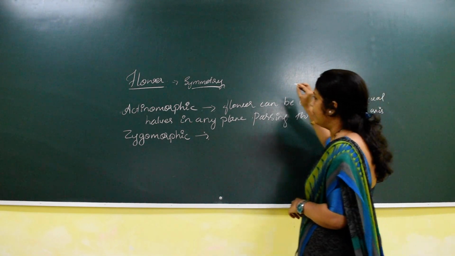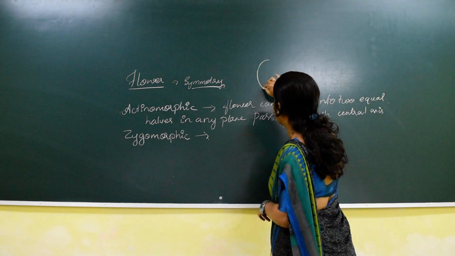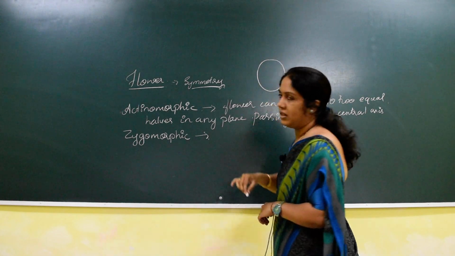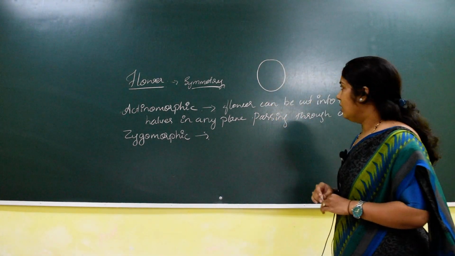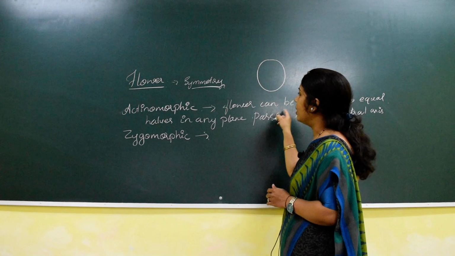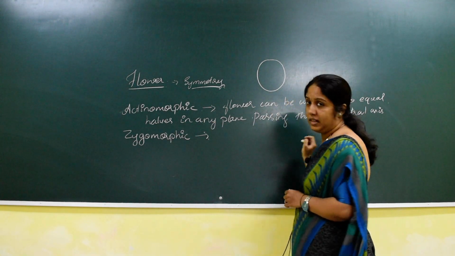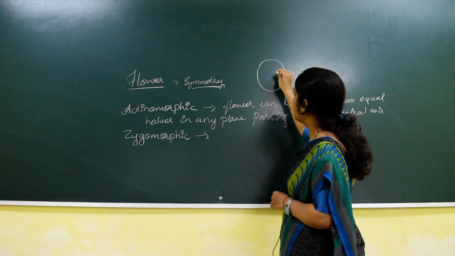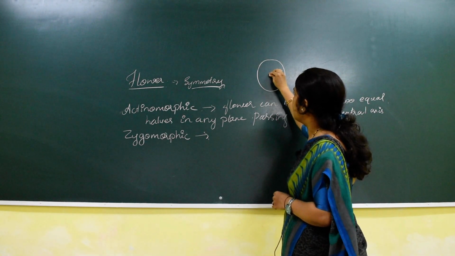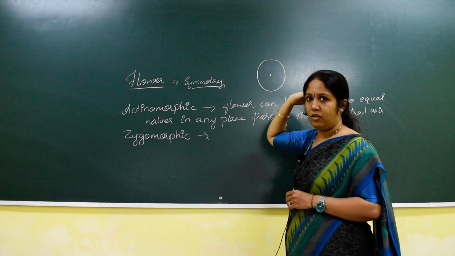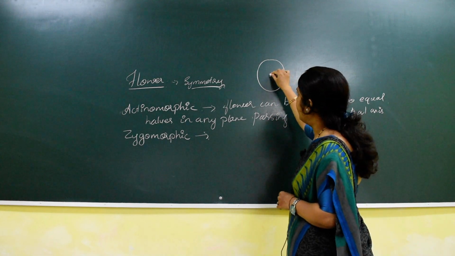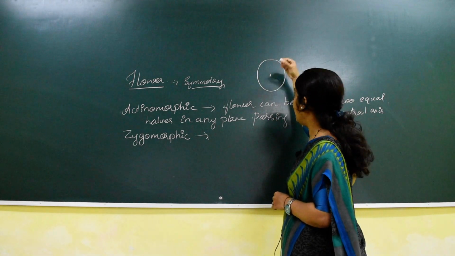What does this word refer to? Let us take this as a flower. The flower can be cut into 2 equal halves in any plane passing through the central axis. This is very important. If we assume this as a flower, we can consider this as the central line or central point of the flower. So this flower can be cut into 2 equal halves in any plane.